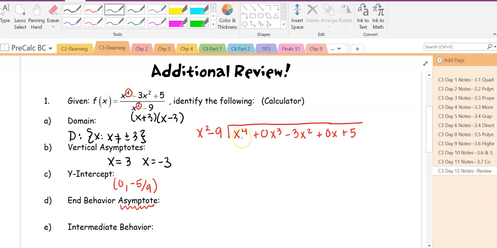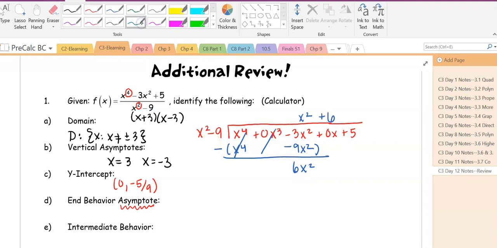X squared times something is x to the 4th. It's going to be an x squared. X squared times x squared is x to the 4th. X squared times negative 9 is negative 9x squared. Cancel, that's still gone. Negative 3 plus 9 is 6x squared. X squared times something is 6x squared, that's a 6.